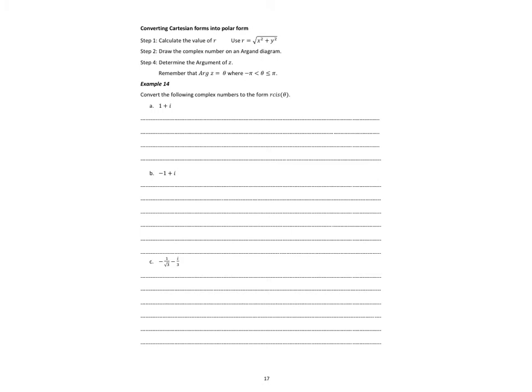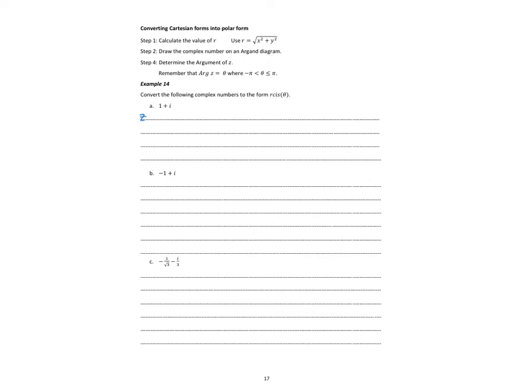Converting Cartesian form into polar form is just continuing with what we've been doing. All right, so let's just work through these. In fact, this is a great opportunity to pause, work through, and have a go yourself. All right, hope you've done that. Let's have a look.